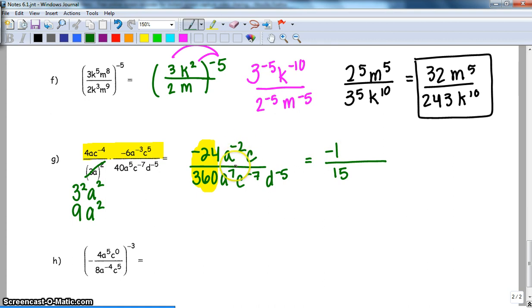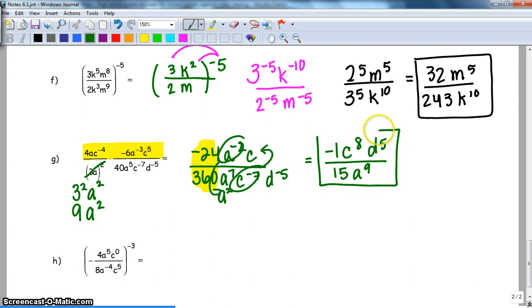This A is going to go to the bottom, so there will now be 9 on the bottom, because remember, once it moves down, it's a positive. Our C to the negative 7 will move up, so we'll have a C to the 8th on top. And our D also needs to move up, but it will not combine with anything. And there you go.